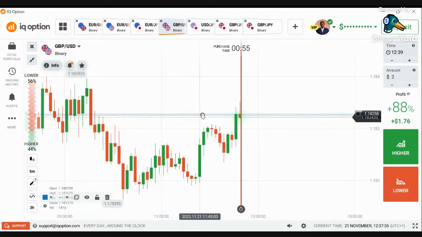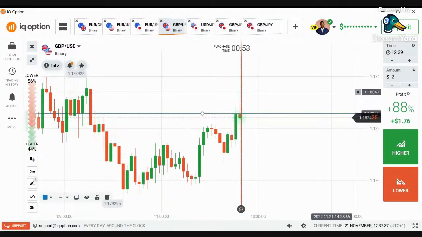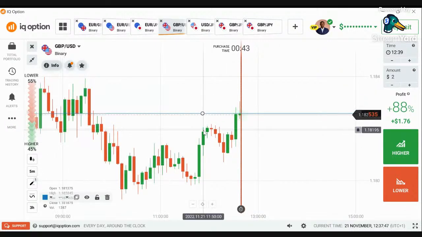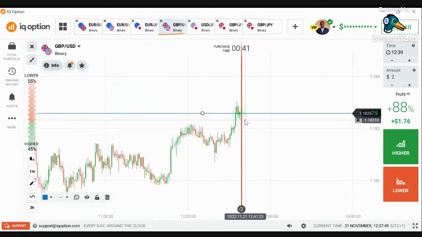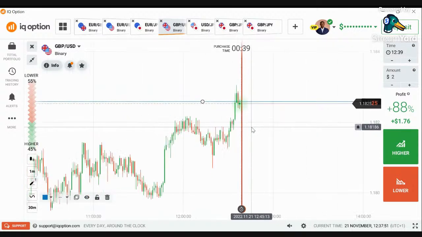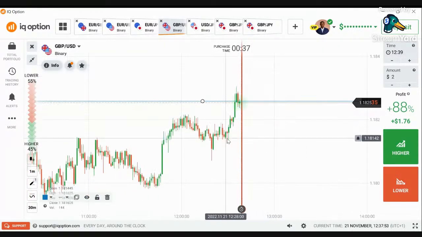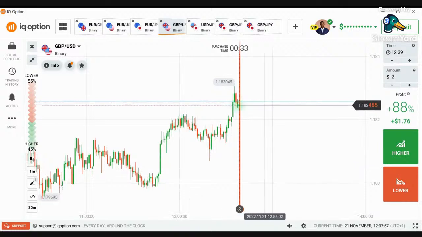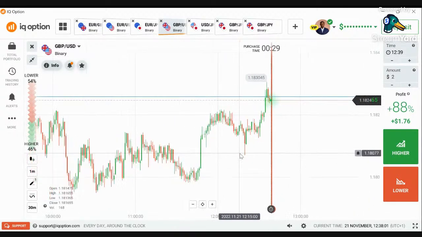It just got to a key resistance level, so that might make it go lower instead of higher. So that's why you don't need to rush. You have to look at the higher time frames and make sure you understand the market conditions before taking any trade.